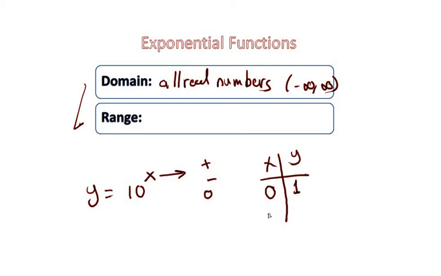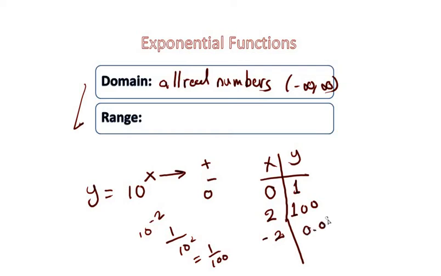If x is 2, for example, y will be 10 to the power of 2, which is 100. If x is negative 2, y will be 10 to the power of negative 2, which is 1 over 10 to the power of 2, or 1 over 100, 0.01.